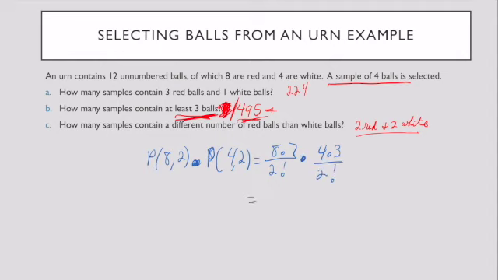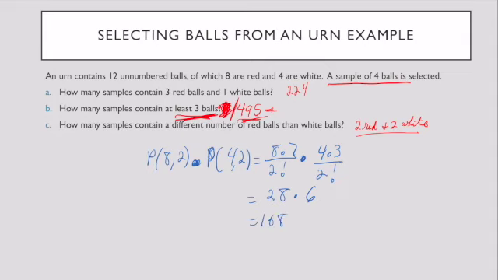That's going to give me 8 times 7 divided by 2. 56 divided by 2 is 28 times 6. So 28 times 6, because 4 times 3 is 12 divided by 2 is 6, is 168.